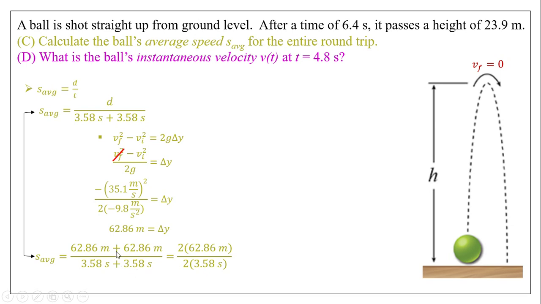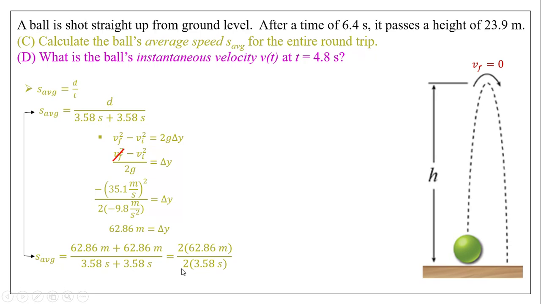But I do like to point out here, there are folks who do physics and there are folks who are just number crunching. If you haven't realized it yet, all you're doing is multiplying the numerator by 2. So really 62.86 plus 62.86 is the same as 2 times 62.86, because there's two of the identical numbers. Likewise at the bottom, you have 3.58 plus another 3.58.